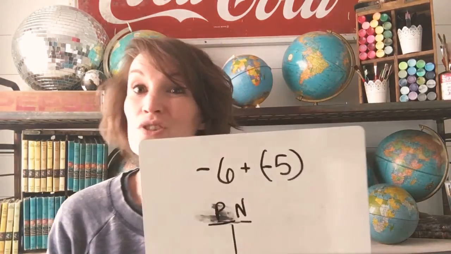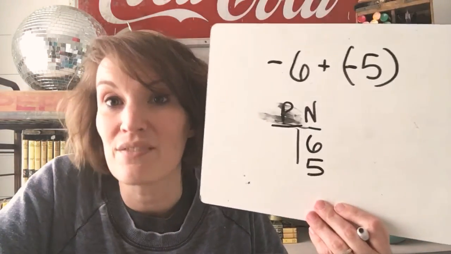Let's see, one last problem to throw in here for you. Let's say that I had negative 6 plus negative 5. Now, this is a little bit weird, but if you're thinking of it as a scoreboard method, think of it this way. The positives never scored. In the first quarter, the negatives scored 6, and in the second quarter, the negatives scored 5.